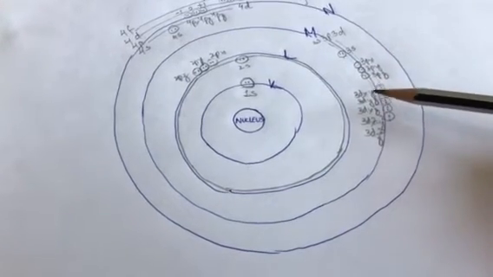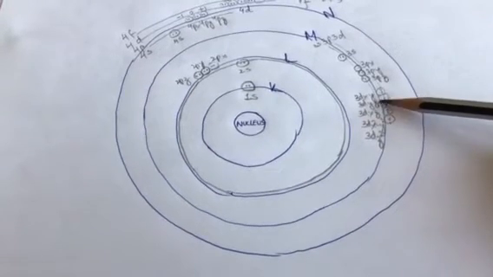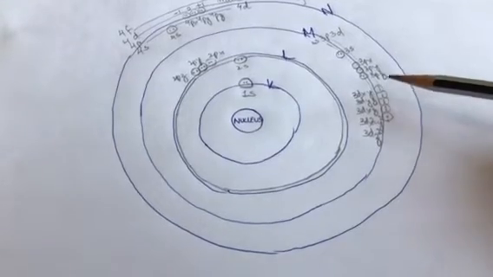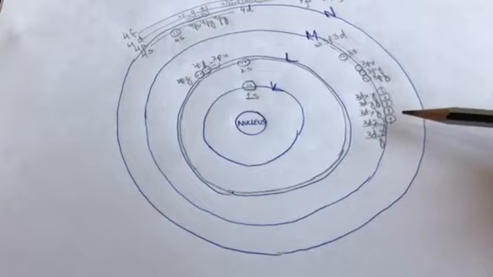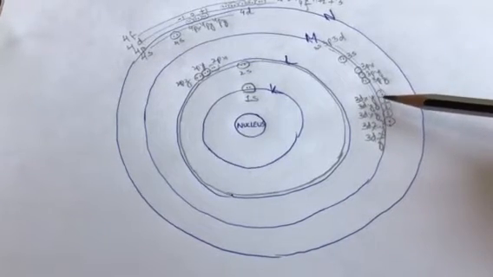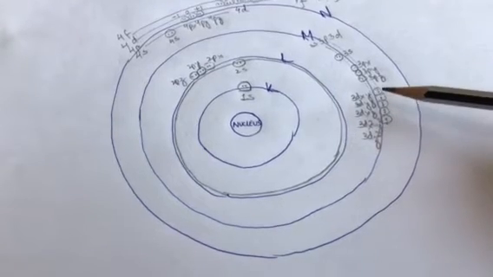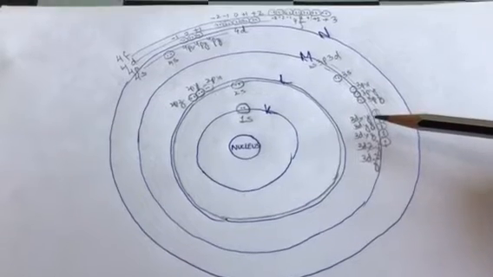Next, we have 3d subshell, which can have 5 maximum orbitals. If you remember, we had written the values -2, -1, 0, +1, +2. So there are total 5 orbitals possible in the M shell. Please learn the name of the orbitals together with the diagram.